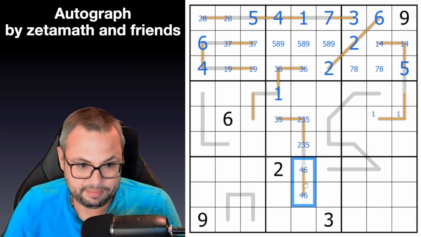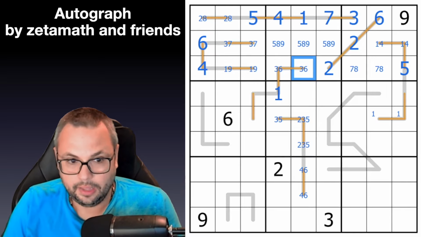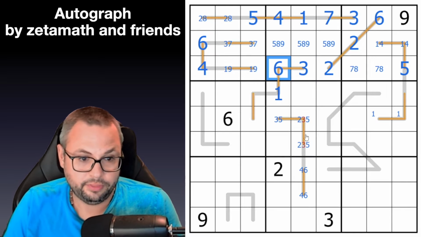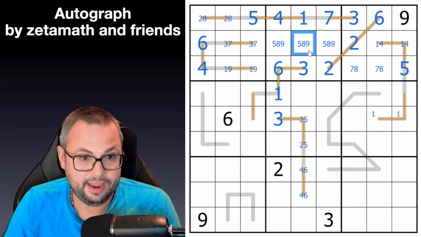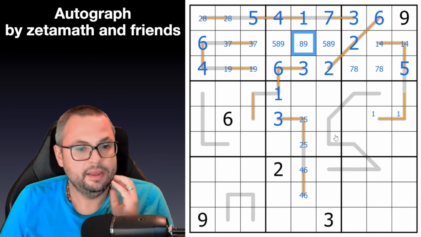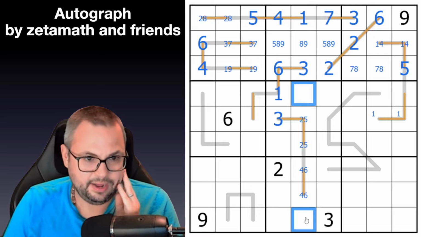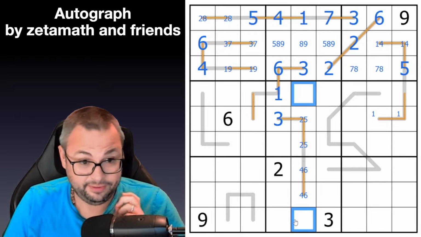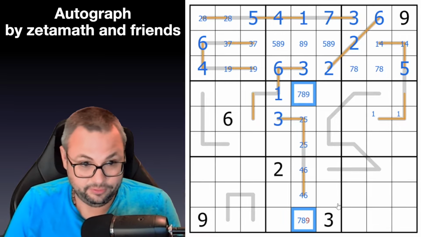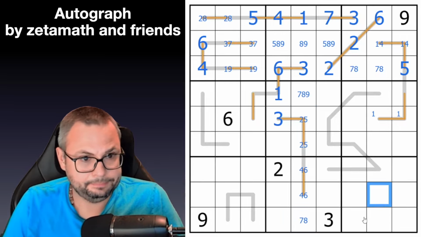So I could have done that maybe more honestly. So those are a 3 and a 6. So that's a 3. Those are a 2, 5. So that's not a 5. What's left in this column then? 1, 2, 3, 4, 5, 6, 7, 8, 9 is what's left in the column. That one's not a 9.